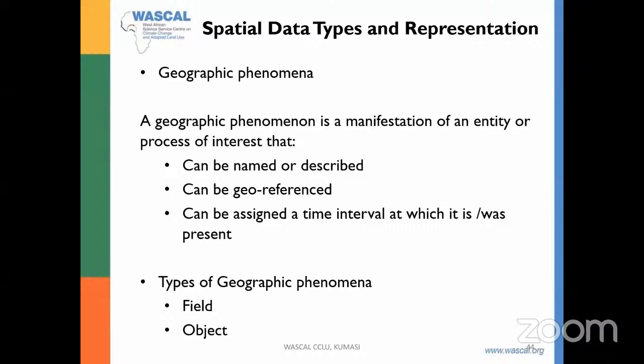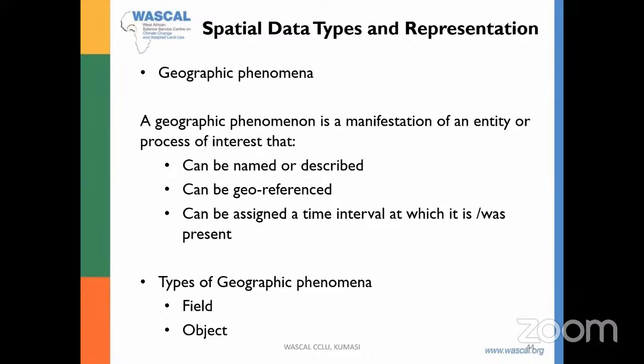All that we are talking about, climate, topography, soil organic carbon, soil type, can be termed geographic phenomena. A geographic phenomenon is a manifestation of any entity or process that can be named or described, that can be georeferenced, and that can be assigned a time interval.